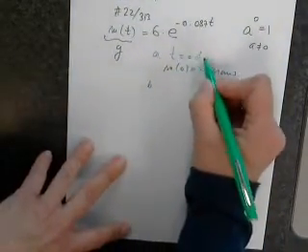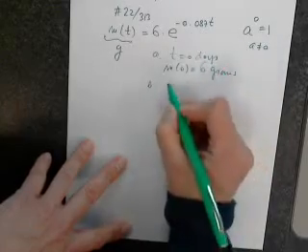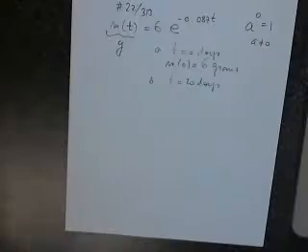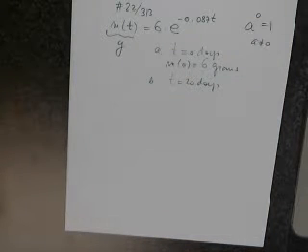So t equals 20 days. I cannot do this by hand. I have to punch it in the calculator. So here's what I'm going to type: 6e, in parentheses. Maybe your calculator doesn't need parentheses, but I'm petrified of a lack of parentheses.